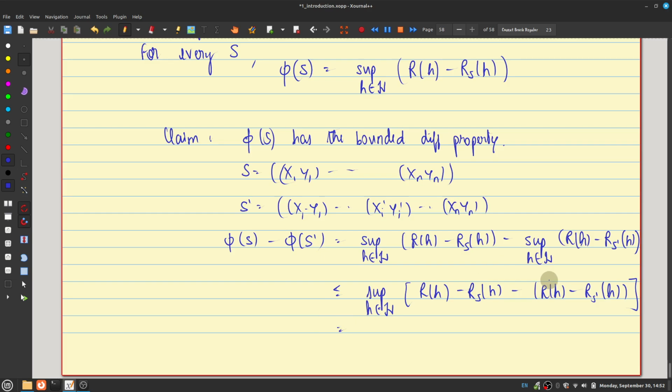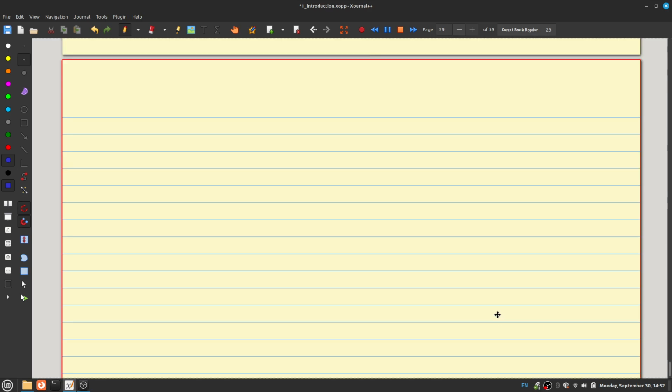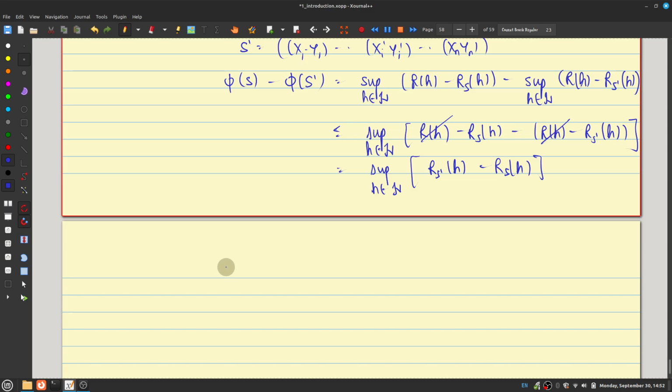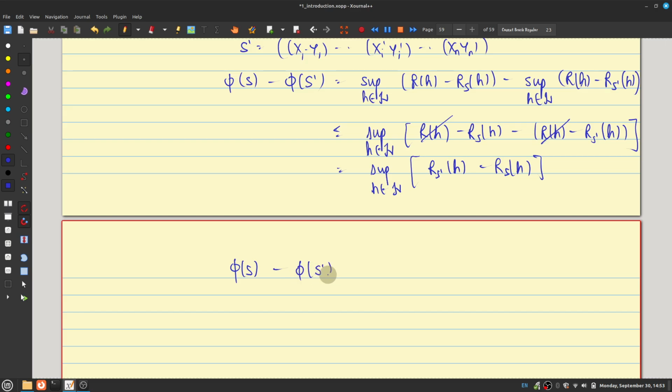Okay, great. But what is this equal to? The R of H just cancels out. So this is supremum over all H in H of Rs prime of H minus Rs of H, right? But what is Rs prime of H minus Rs of H?